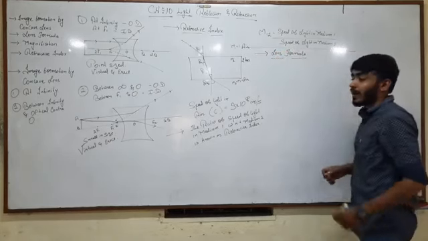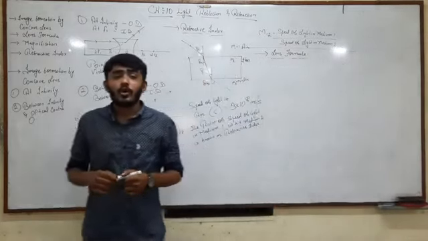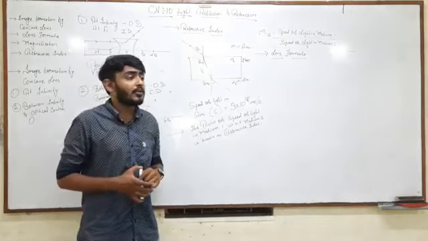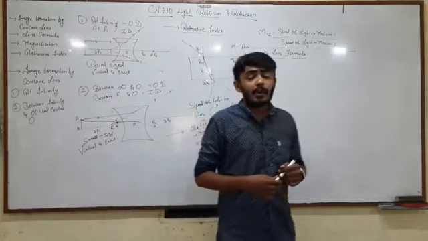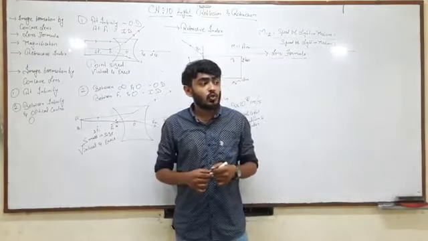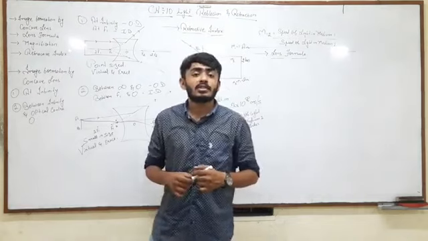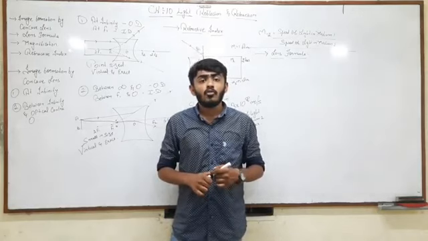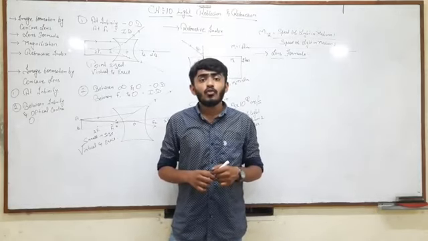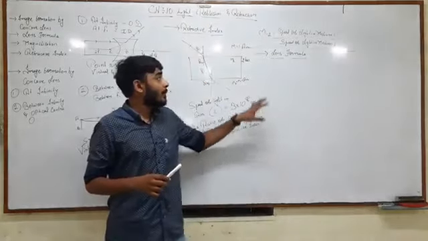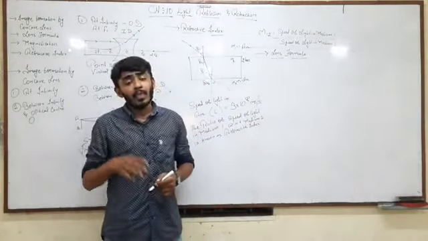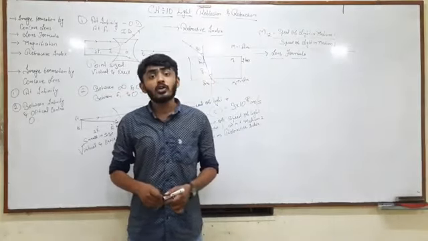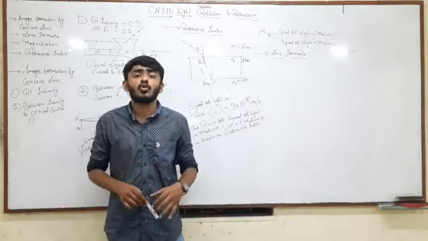Students, as we studied about the mirror formula, the mirror formula was 1 upon V plus 1 upon U is equals to 1 upon F, where V was the image distance, U was the object distance, and F was the focal length. Now the lens formula is similar to the mirror formula, but there is a very slight difference between them. You need to be cautious that you don't mix the two formulas.